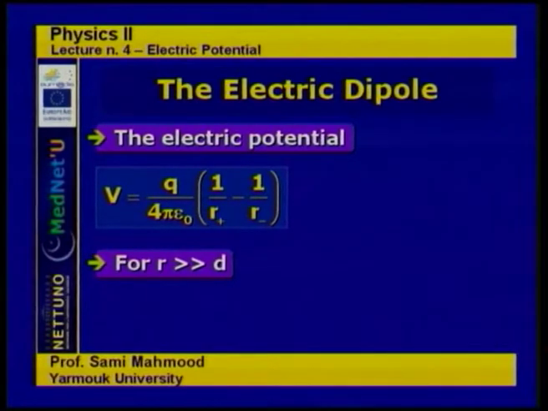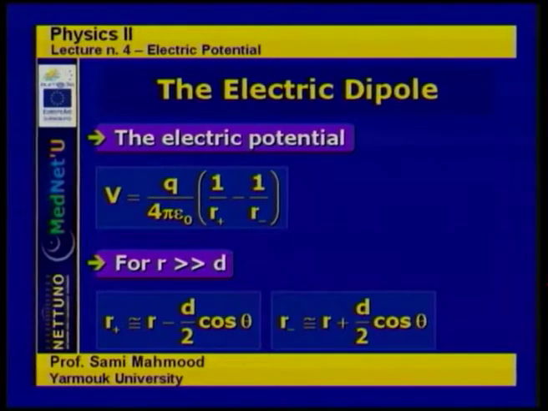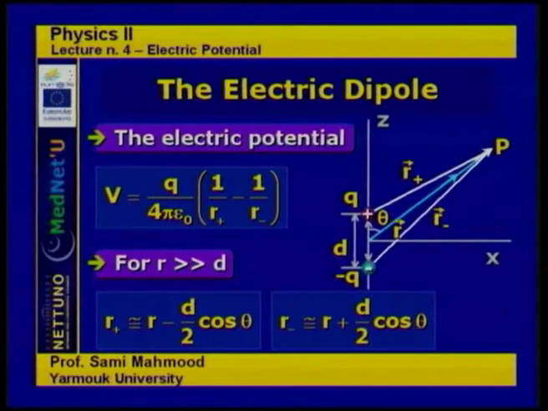And for R much greater than D, R plus is equal to R minus D over 2 cosine theta, and R minus is equal to R plus D over 2 cosine theta, where the relations between R minus, R plus, D and theta are illustrated in this figure.